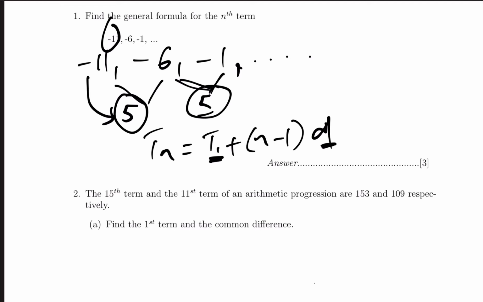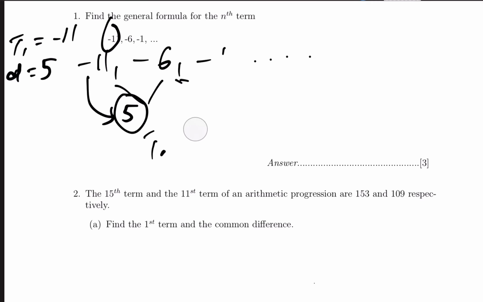So T1 is the first term, which is negative 11, and d is our common difference, which is positive 5.